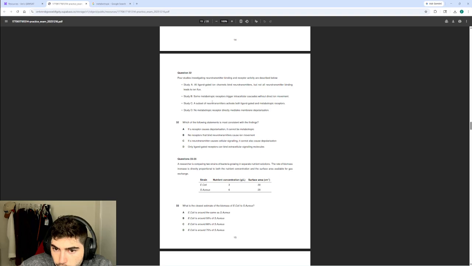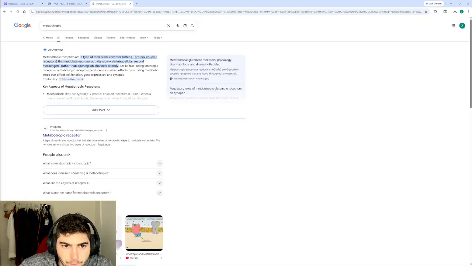Study B, some metabotropic receptors trigger intracellular cascades without direct ion movement. Let's refresh our memory. Membrane receptor, G protein coupled receptors that modulate neuronal activity slowly via intracellular steps.